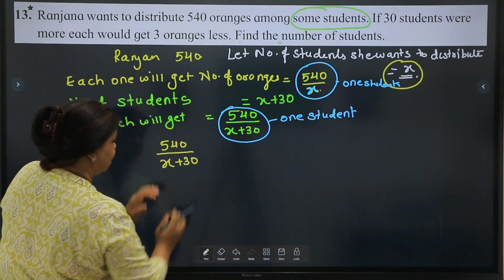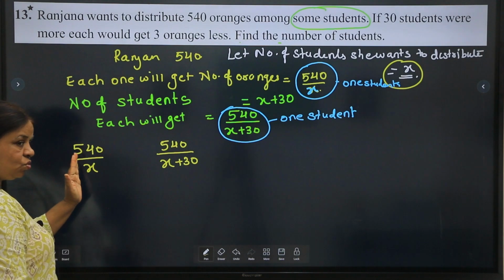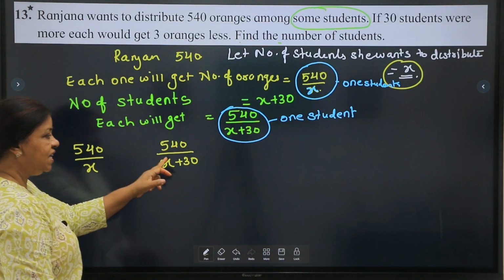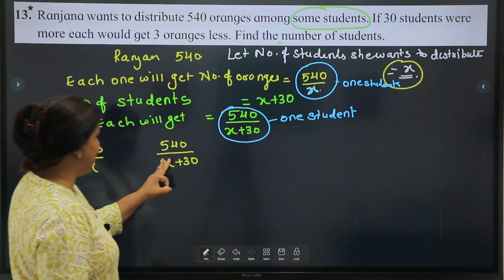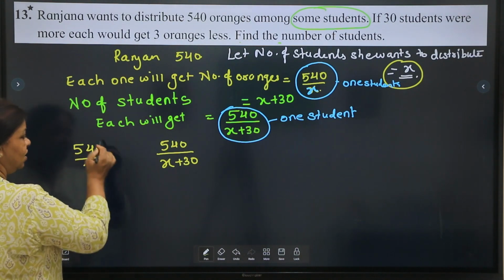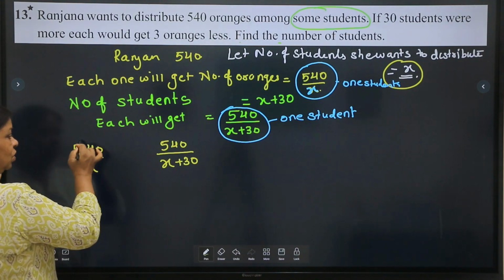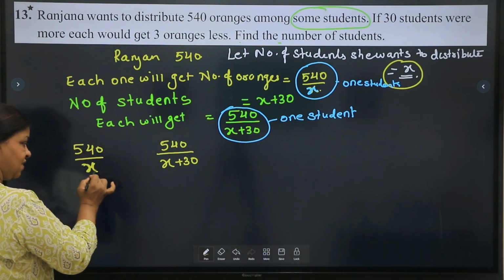When the number of students is x, these students are getting more oranges, but here they are getting 3 fewer. Each one will get 3 fewer than the original one. This is the original number of oranges each one will get when the number of students is x.